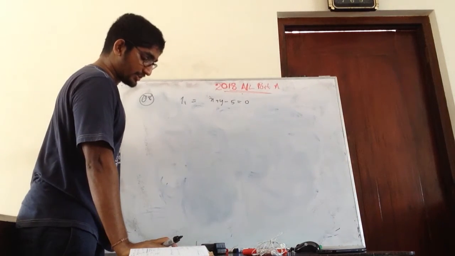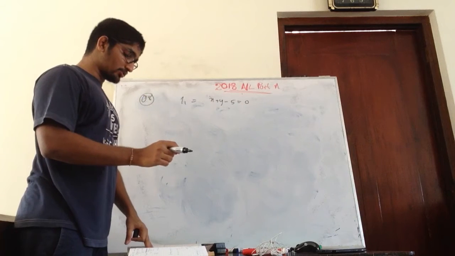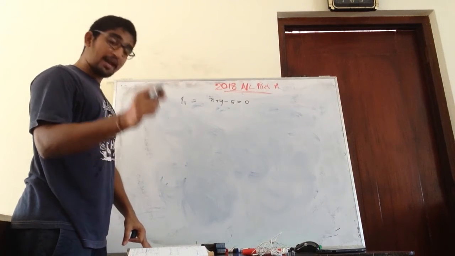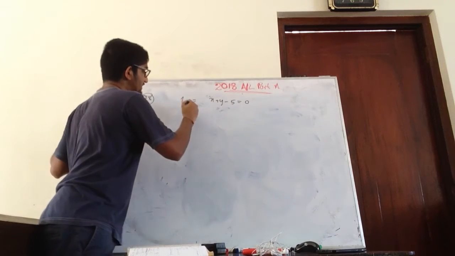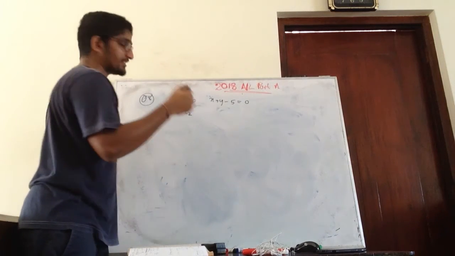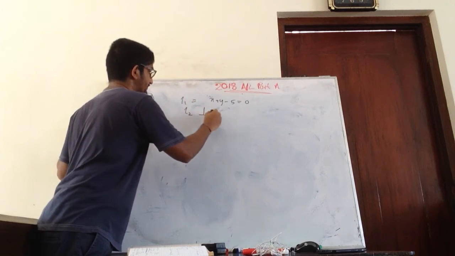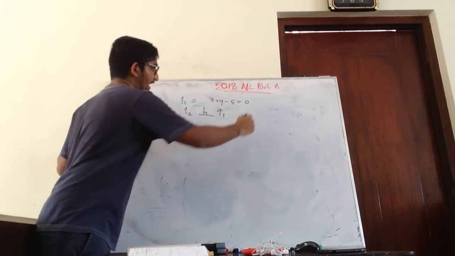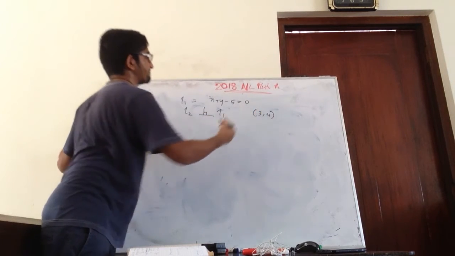Then find the equation of the straight line L2 passing through the point P(3,4) and perpendicular to L1. Right? So there's the L2 line, which is perpendicular to L1, and that goes through the point 3, 4.